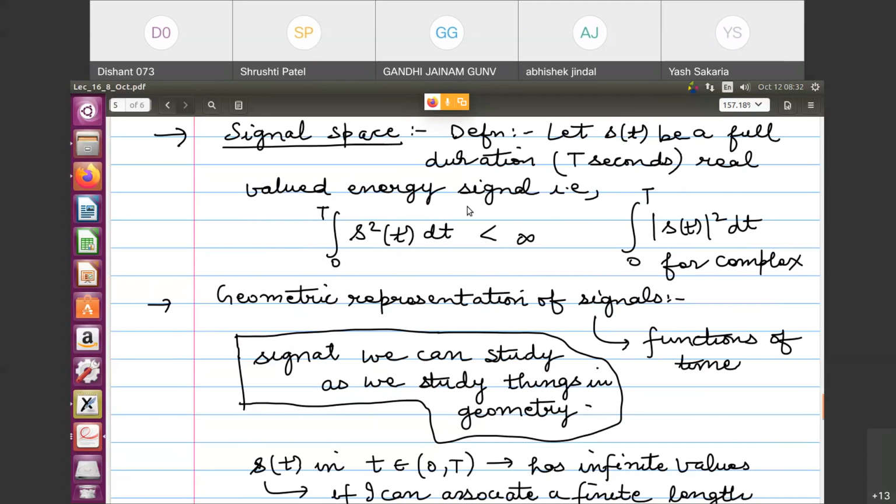Basically, they lead to a good analysis. This property, that the square integration is finite, helps you derive several properties. And such signals would most probably be easy to generate as well. I wrote it down for the real case, because we have written real valued, but if it is complex valued, then you have to take the absolute value and square. That is the way to obtain the energy.